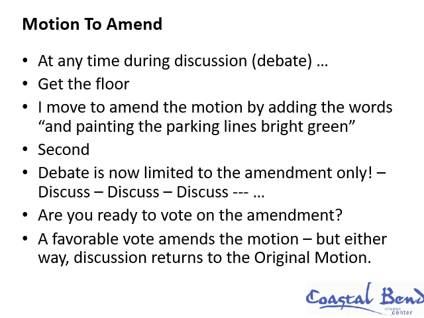And once it has been seconded, everything about the main motion stops. Discussion or debate resumes, but it is limited to the amendment. One of the things that this points out is at this point it's very clear that having written copies of the original motion and the amendment is a true plus.